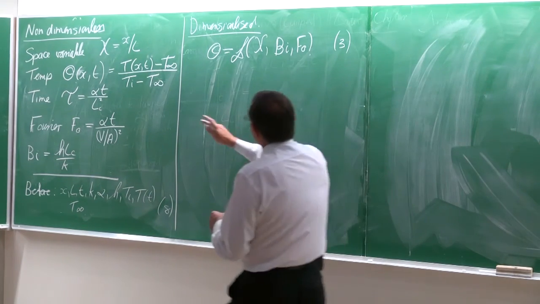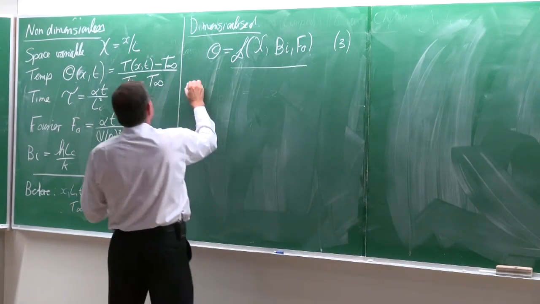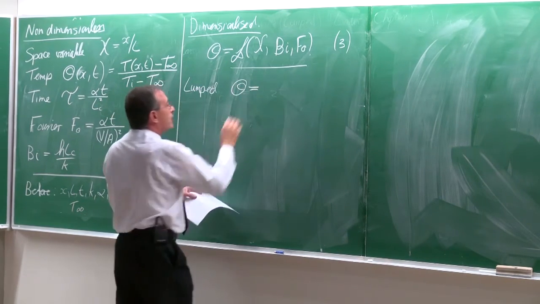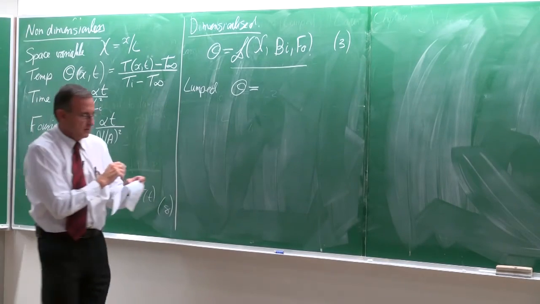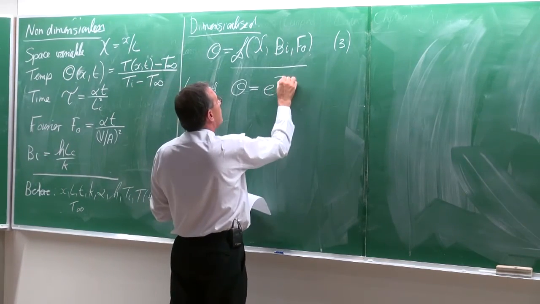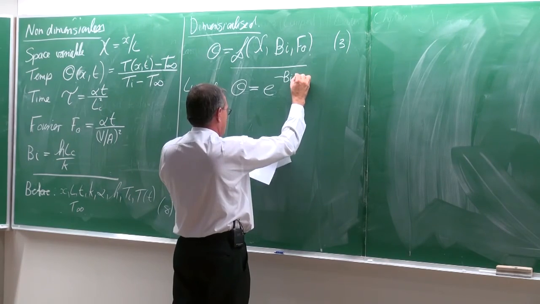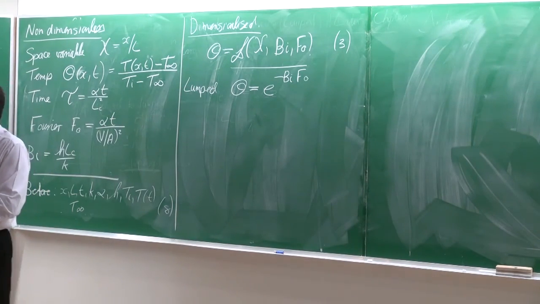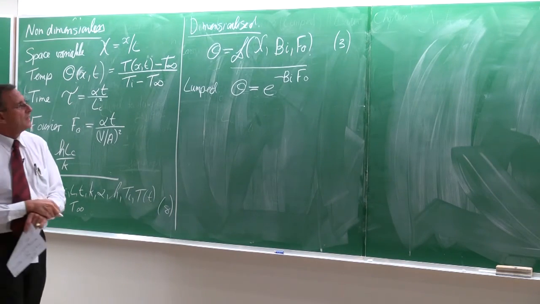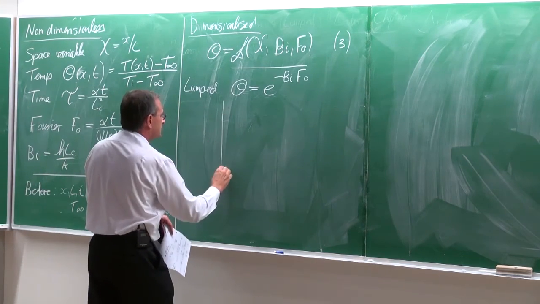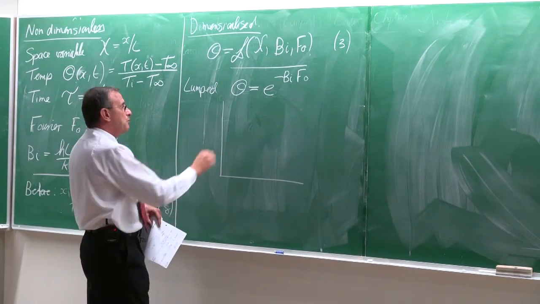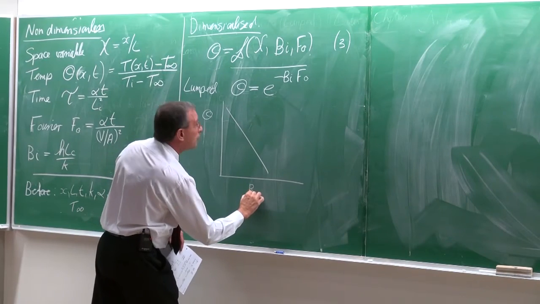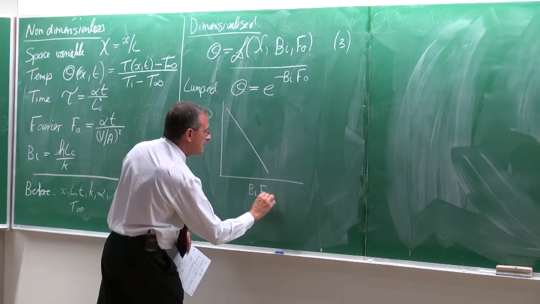Now, if we look at this approach and go back to the lumped system approach, it means that the lumped system approach can be written as theta is equal to e to the minus the Biot number multiplied by the Fourier number, in a very simple format. And all the solutions can actually be plotted, theta as a function of the Biot number multiplied by the Fourier number.